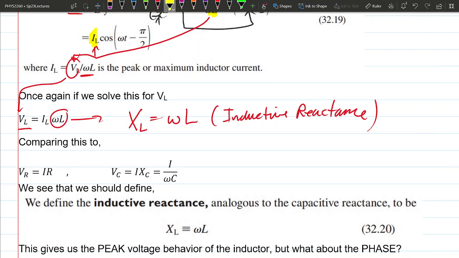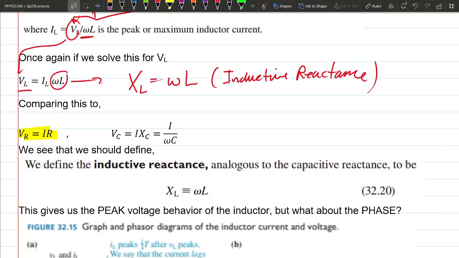So comparing this to the other reactances, we have the original Ohm's law, which tells you that V equals IR. We have the capacitor version of Ohm's law, where V equals I X_C, and X_C is 1 over omega C. So the inductor version of Ohm's law is just the current times whatever this is, and we're going to call that X_L instead.